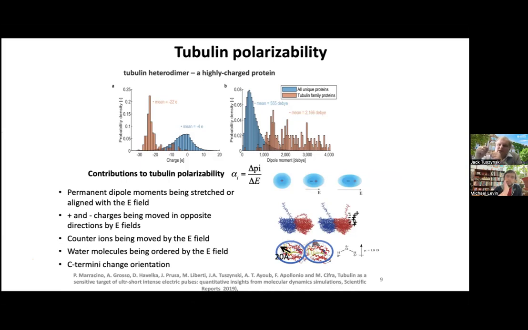One is, as you can see here in the middle, C-termini flail around, and electromagnetic fields will affect their motion, which could be disruptive for motor transport, for example. The second thing is charges, whether individual charges or in the form of dipoles.